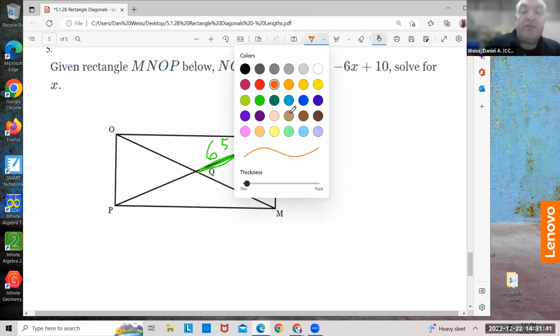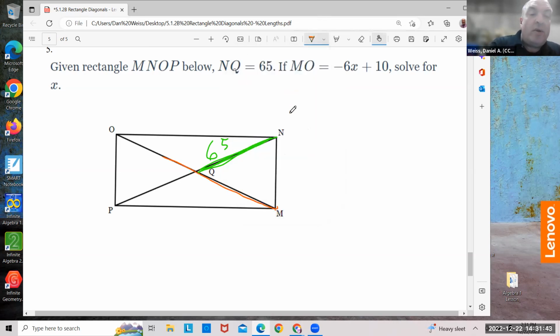MO goes from M all the way to O, right? Is the orange equal to the green? No, it's not. MO equals negative 6x plus 10. Ah, look, this time it's negative 6x plus 10. That's so weird.